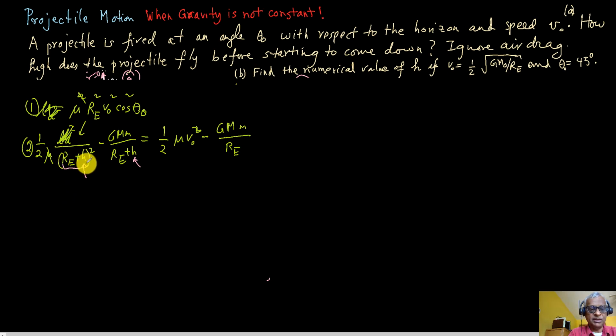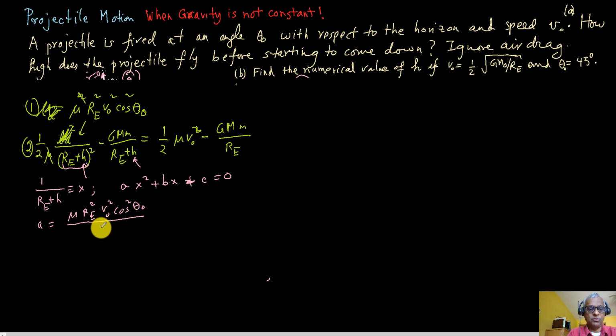So if I call 1 over RE plus H, let's call that X, then you have this whole bunch of stuff, AX squared, minus BX, and then you can bring this on the right side, you can call that C. So AX squared minus BX plus C equal to 0, with A equal to mu RE squared V0 squared cosine squared theta 0 over 2.